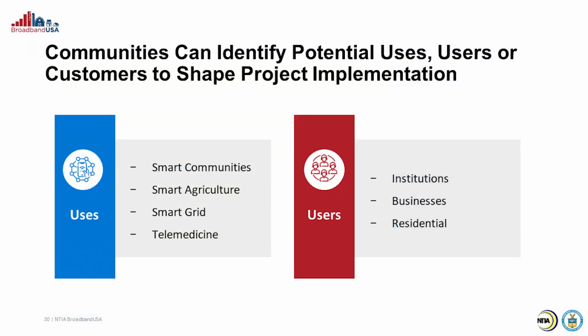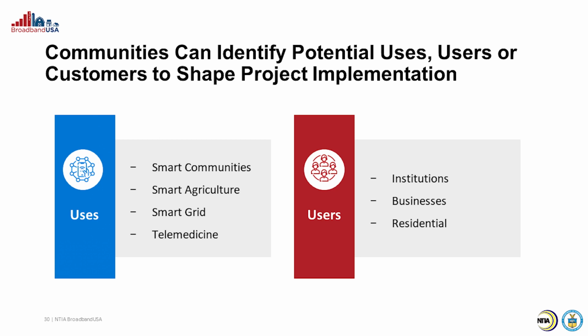Either way, either decision, the communities can identify those potential uses, users, or customers that will ultimately shape the project's implementation. We've talked about this before. Specific uses include smart agriculture, smart city, smart community uses. If you want to enhance your utilities, we talk about smart grid.